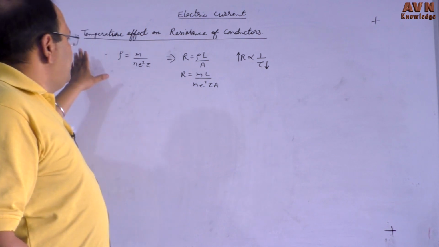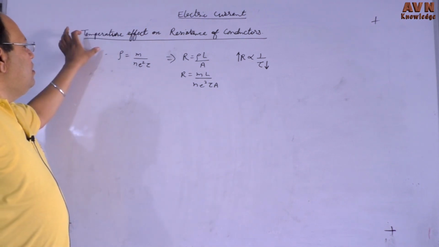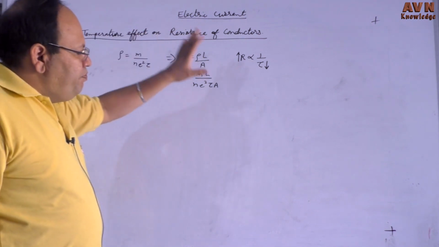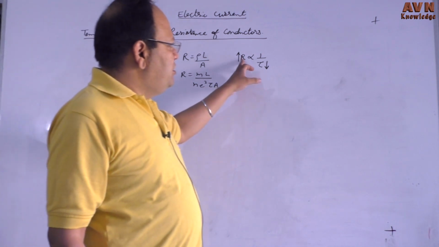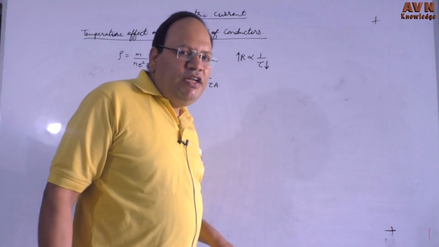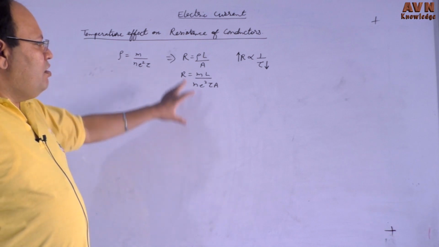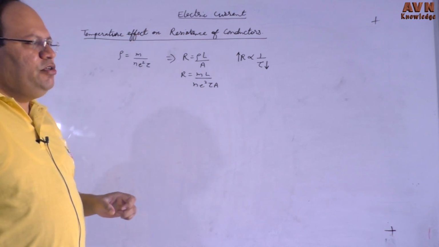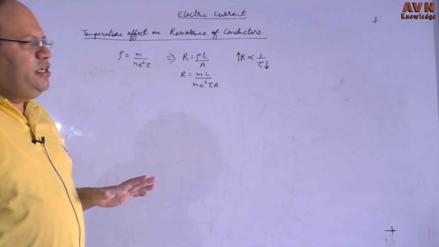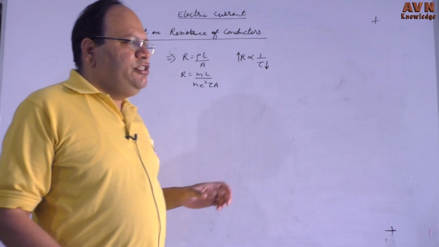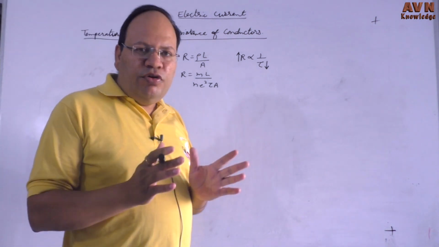Here the temperature is proportional to the resistance, because when we increase the temperature all factors will be constant, and the major factor that changes is the average time of collisions of the molecules.